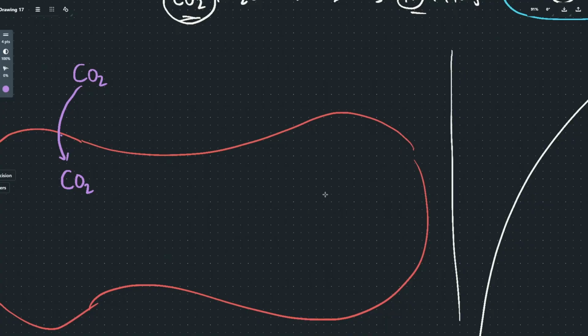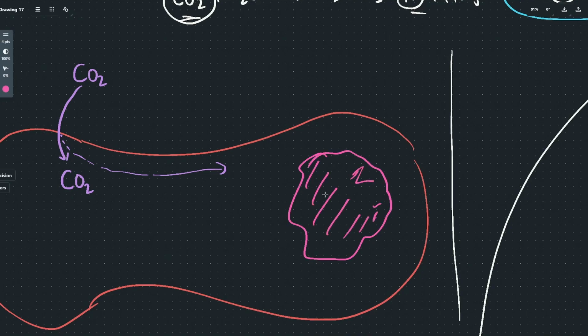Some of the CO2 can directly attach to the amino group of hemoglobin, the red colored pigment, to form carbaminohemoglobin. But this is a less important mechanism statistically; most of the CO2 is actually not transported this way.